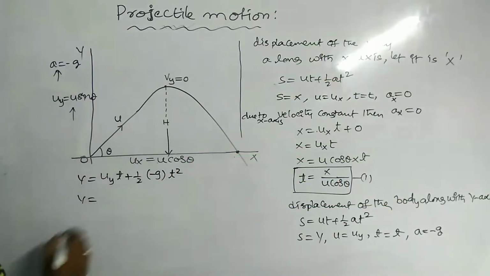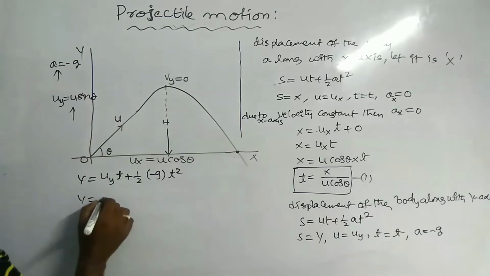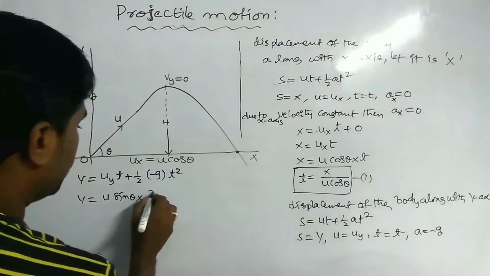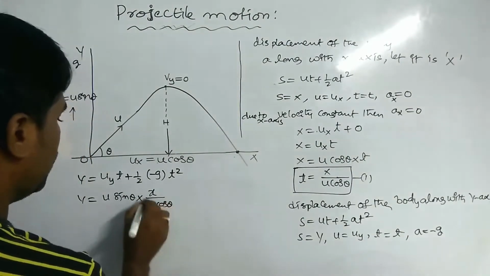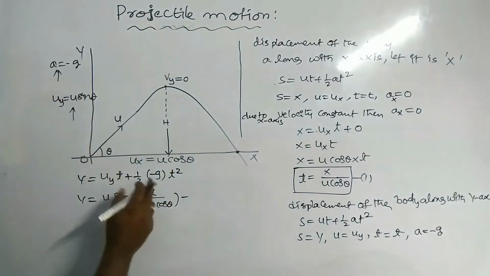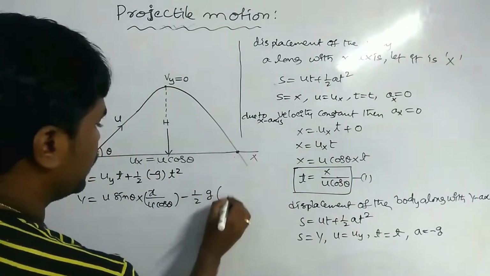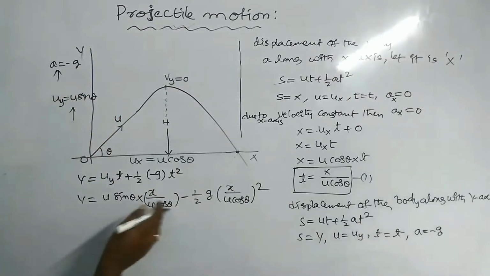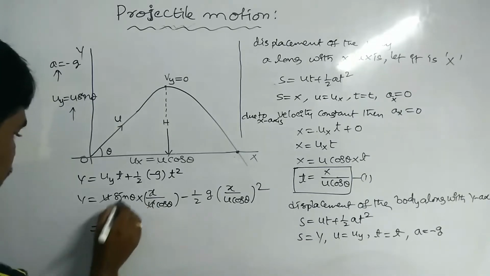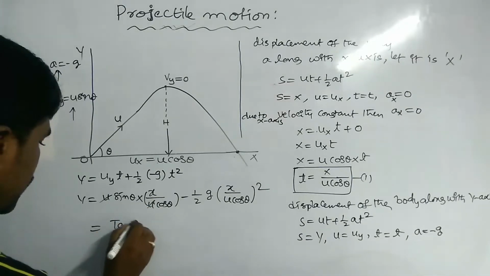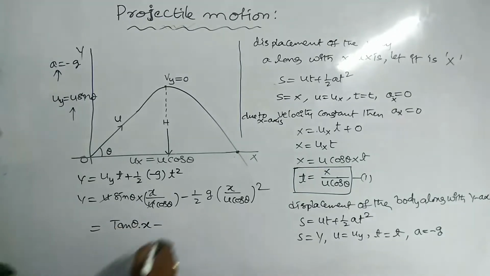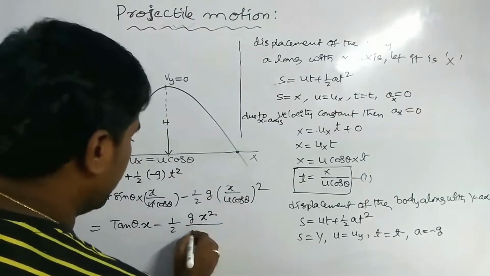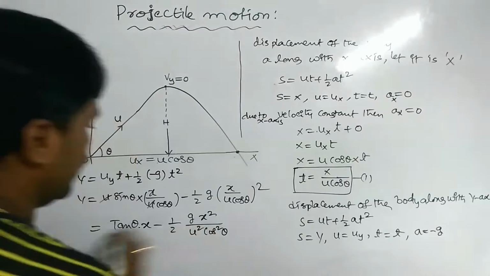So y is equal to uy, which is u sin theta, into t, where t is equal to x by u cos theta, into minus 1 by 2 g into t square. T square means x by u cos theta whole square. So let's simplify this. u and u will be cancelled out. It is sin theta by cos theta, which is tan theta into x minus 1 by 2 g into x square by u square cos square theta here.